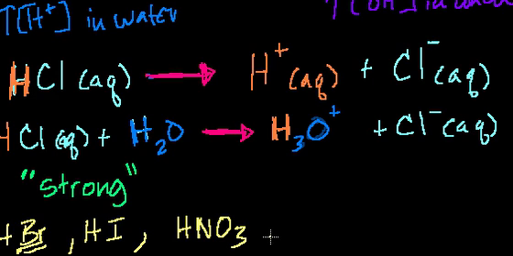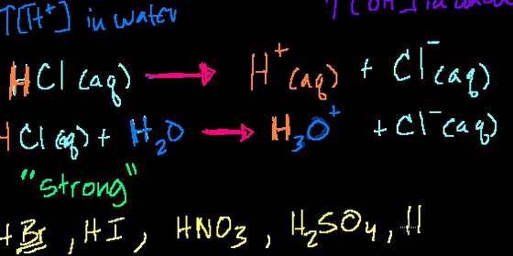Nitric acid, then you have sulfuric acid. You've probably heard of that, very strong acid. And then perchloric acid, HClO4. These are the strong acids. And these are good to know because if you see them on a chemistry exam, you know that these are going to completely dissociate.